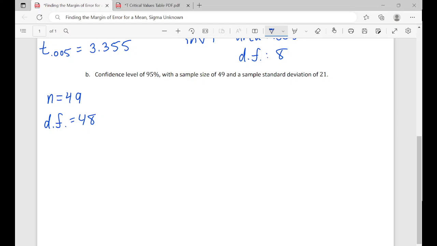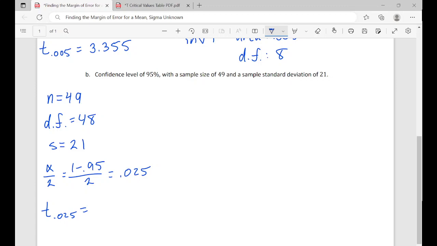And we are going to need our, no, not sigma, excuse me, our s value of 21. And then our alpha over 2, which is going to be 1 minus 0.95 over 2, which will be 0.025. So our t critical value for 0.025.